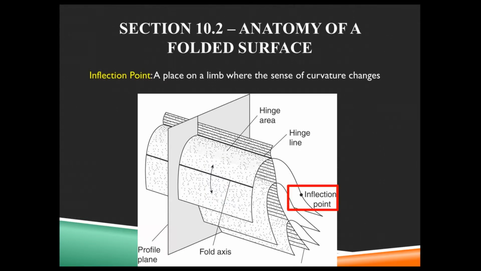An inflection point, just like in math classes, is where the direction of curvature changes. So above this inflection point, we have a concave downward, or basically, it curves up and over the top.